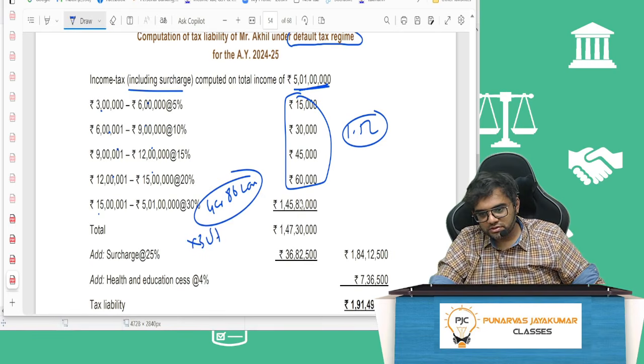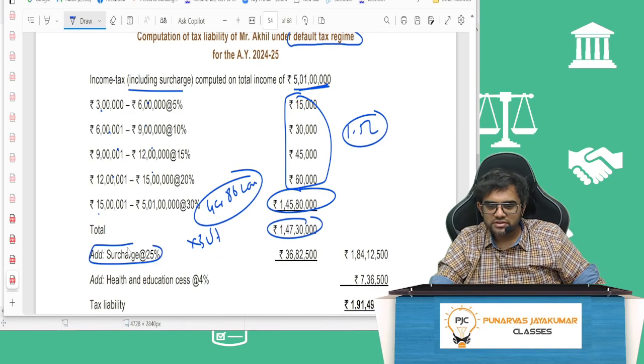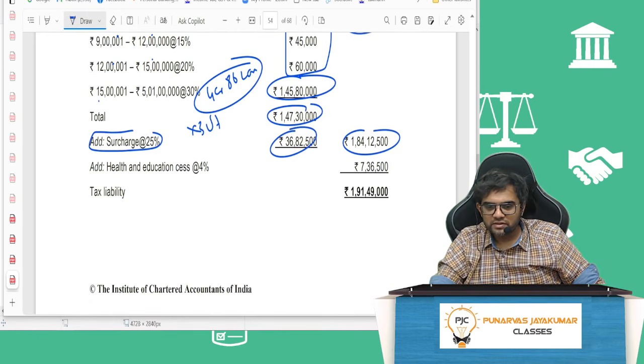How much? This only should come: 1 crore 45 lakh 80,000. Total this much. Surcharge 25%. Health and education cess same thing. Tax liability will be so much.